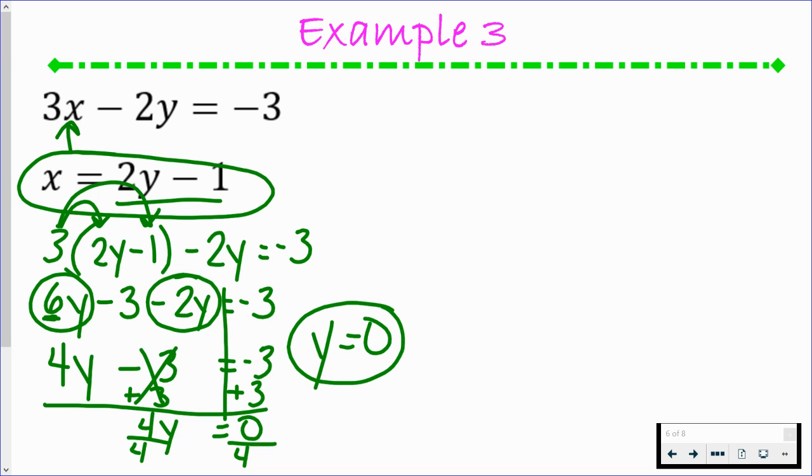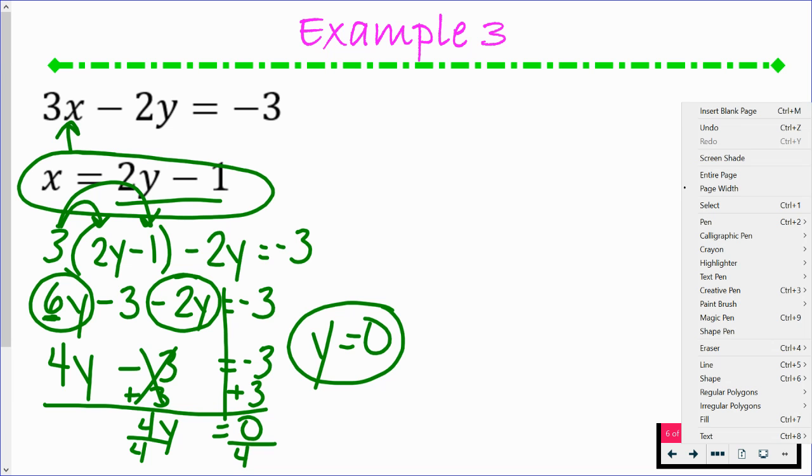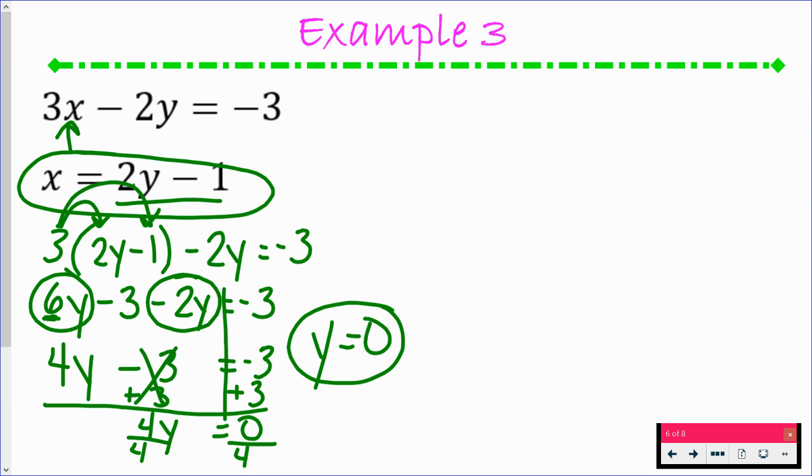Okay, so now I have y equals 0. So now I need to take this y equals 0 and substitute it back into one of the original equations in order to get my x. Remember, it does not matter which equation you substitute back into. I think the second one looks a little friendlier, so I'm going to take that one.